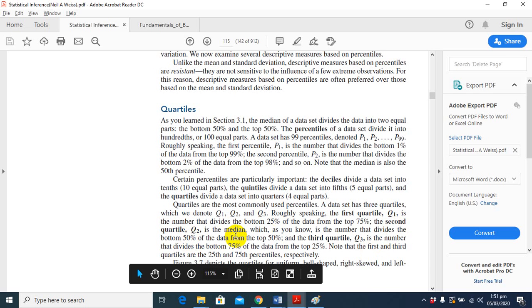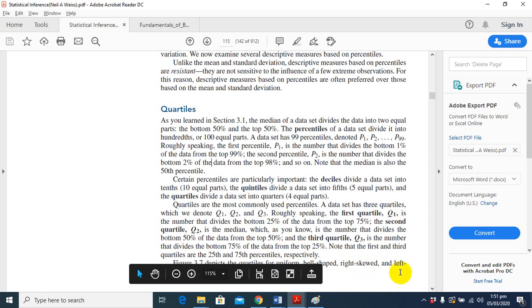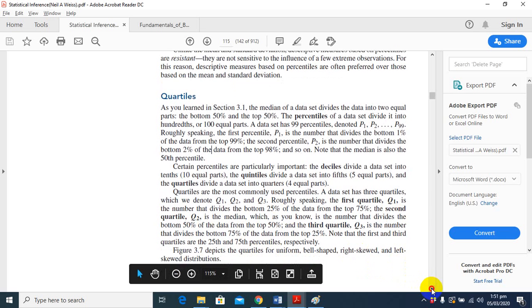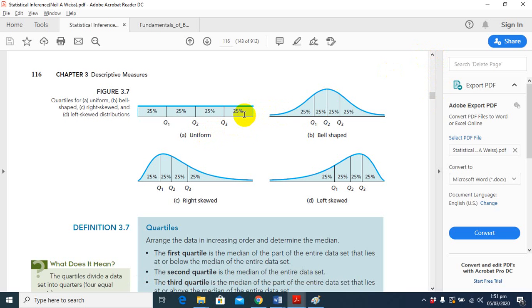And as you know, the median is the number that divides the bottom 50% of the data from the top 50%. Similarly, the third quartile is a number that divides the whole data set into the bottom 75% and the top 25%.